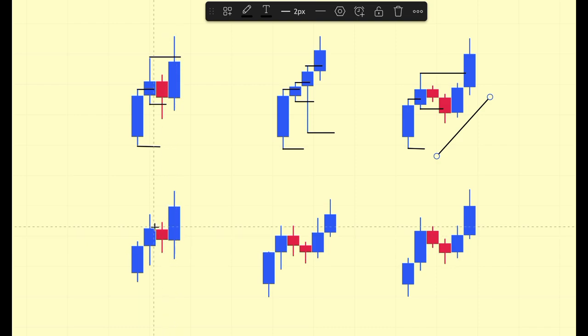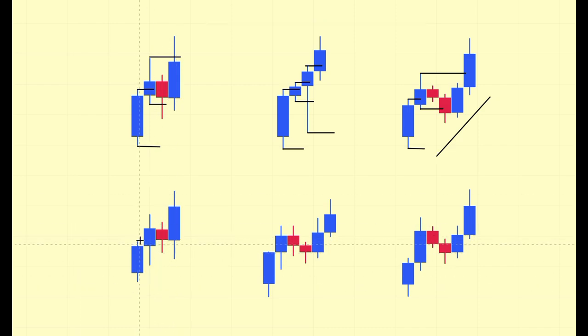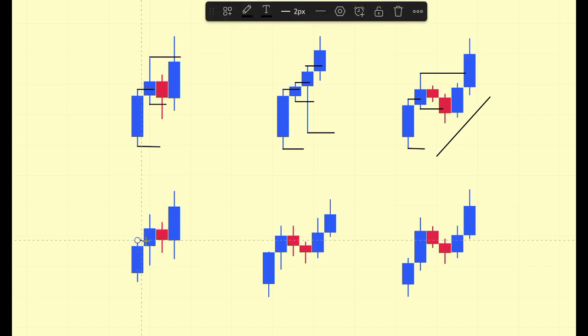Onto the fourth scenario, we can clearly see a break past the previous bullish candle high while its low is protected. On the next bullish candle, we see a break past the high of this bullish candle while the low is protected. So what does this mean?